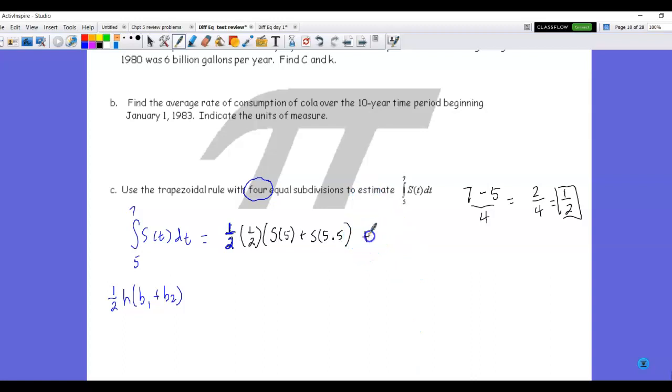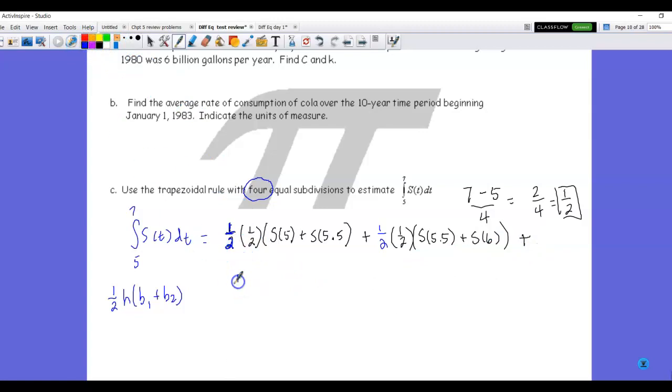For trapezoid number 2, I'm going to do the formula of area of a trapezoid, 1/2 times the common height, 1/2, times, and now I'm going to get base 1, which is S of 5.5. I'm going to move a half a unit and go to S of 6. That's trapezoid number 2.